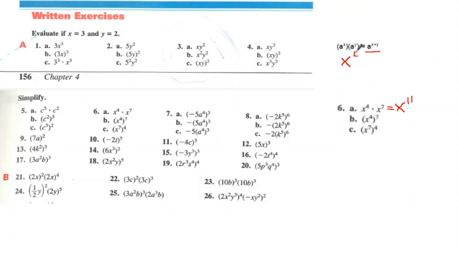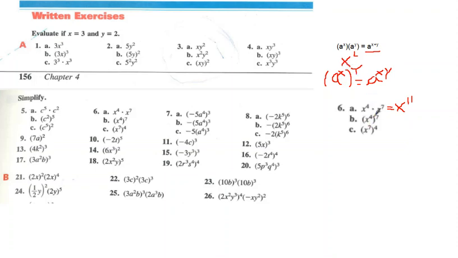So in this case, we have a different situation because we have a term that has an exponent, and we're taking that exponent to another exponent. And that's when we will multiply the exponents together. So notice when you have an exponent right outside of the parentheses, that's when we're going to multiply them.